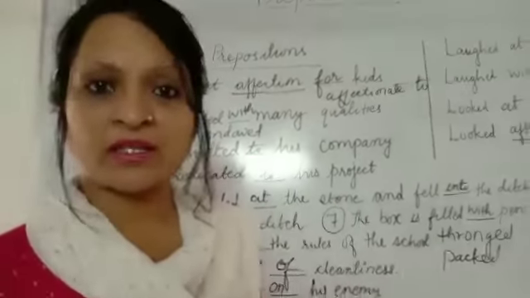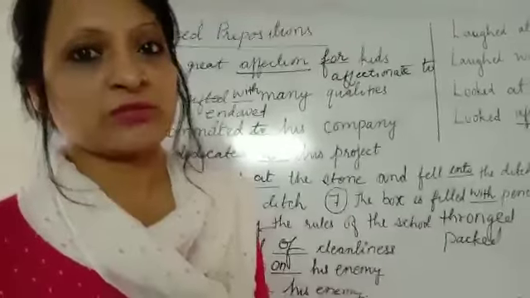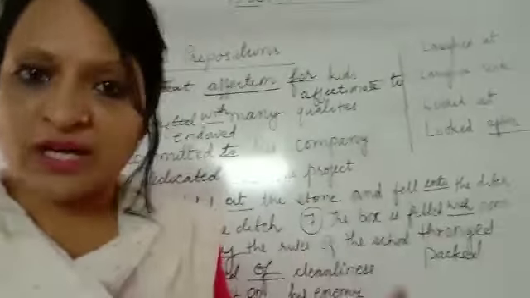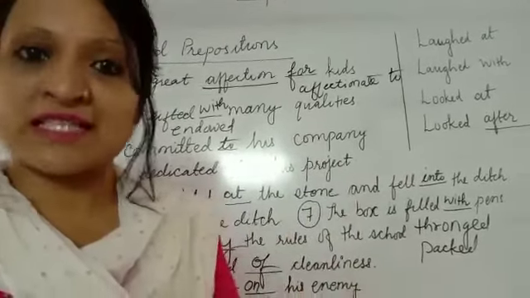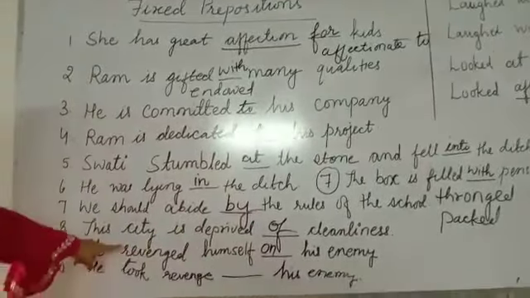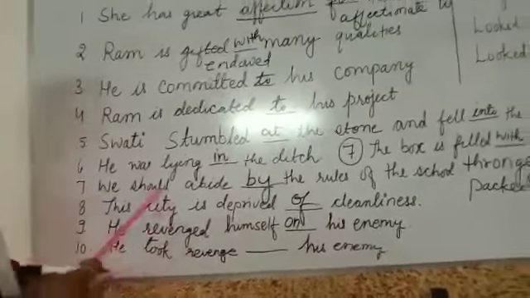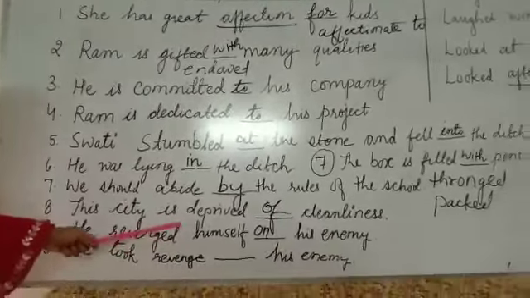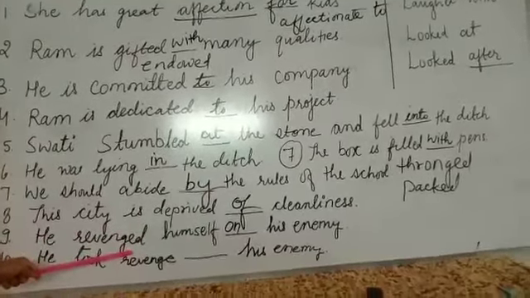In this example, just be very careful with the word revenge. Sometimes this word is used as a verb, sometimes as a noun. Here I have written both examples. In this sentence, revenged, ed is written here, so it is a verb. उसने बदला लिया.